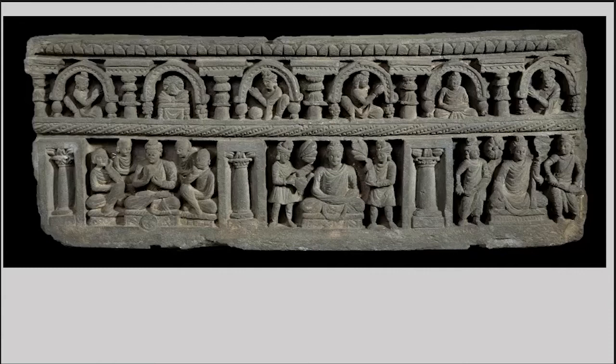Yes, the important thing about Gandharan art, more than any other Buddhist schools in India, is the same thing that I told a while ago. Every scene is staged. It's an act. So the Corinthian capitals or the columns separate one scene from the other.